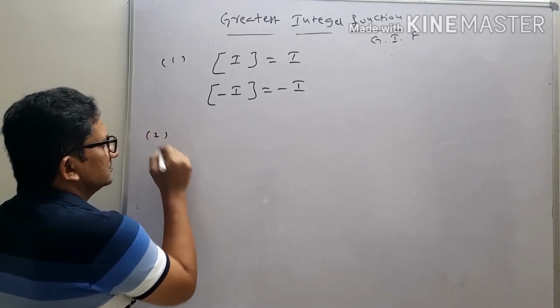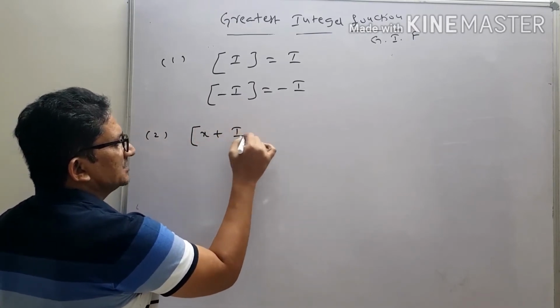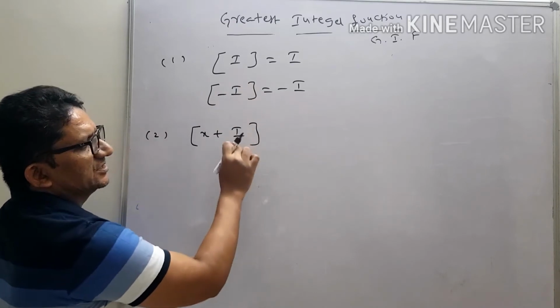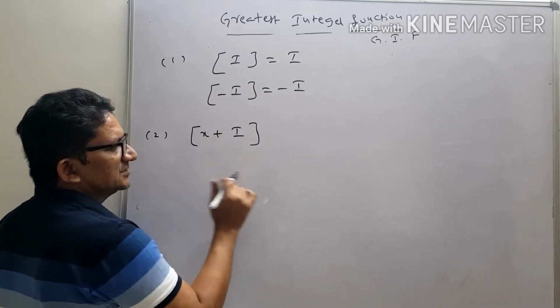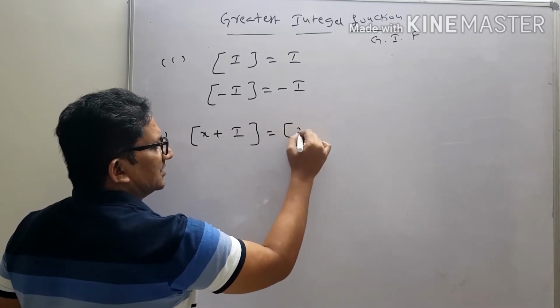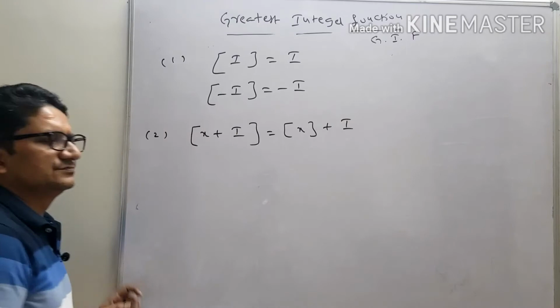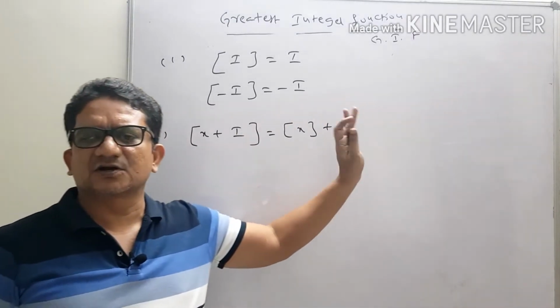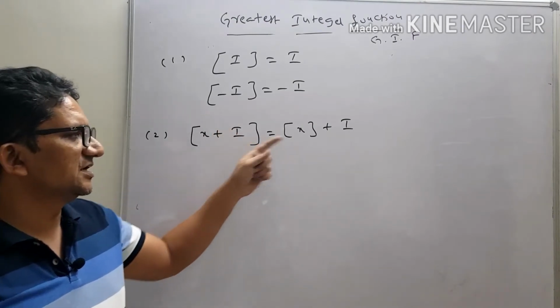Second property, box of x plus I. Wherever I use capital I, that indicates an integer. If you have box of x plus I, then we can split this as box of x plus I, keeping that integer outside. It may be a positive integer or a negative integer, no problem.